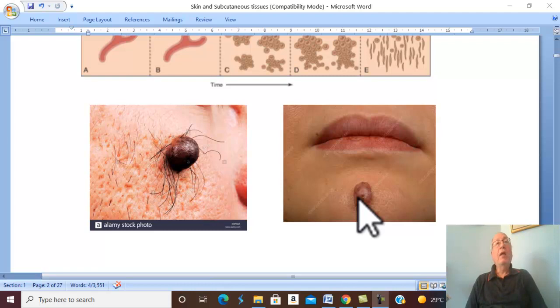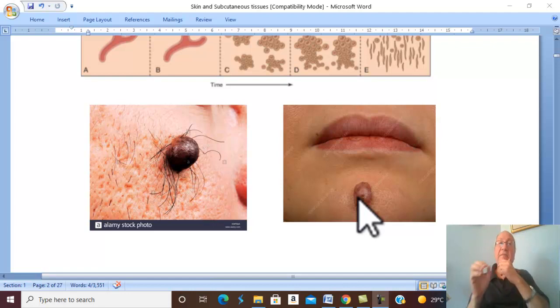Pathologically, benign pigmented lesions, benign melanocytic lesions, is actually hamartoma. What is the meaning of hamartoma? Hamartoma means benign tumor-like malformation.